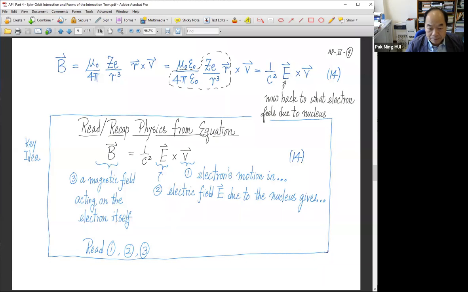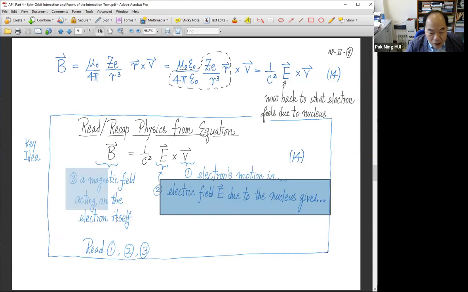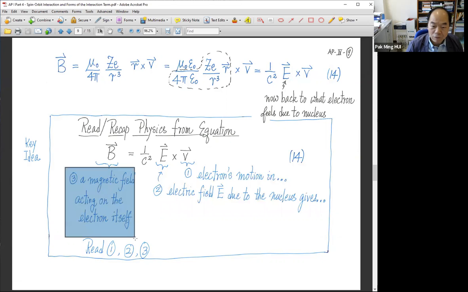This formula says, when an electron moves in, that is V, the electron's velocity to start with, when the electron moves in an electric field due to the nucleus, then it gives a magnetic field acting on the electron itself. That is the content of this formula 14. That is the more important thing among all these lines of mathematics.